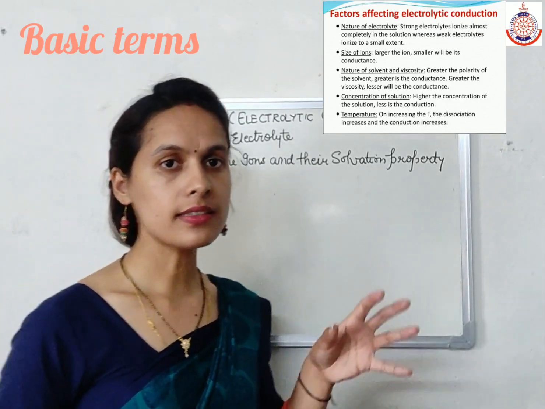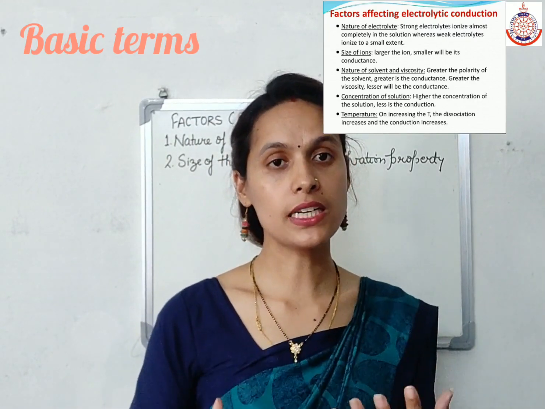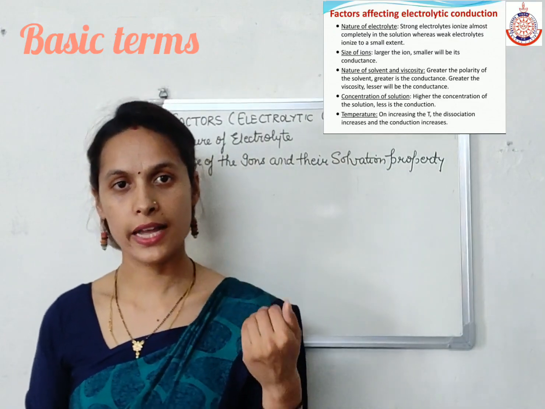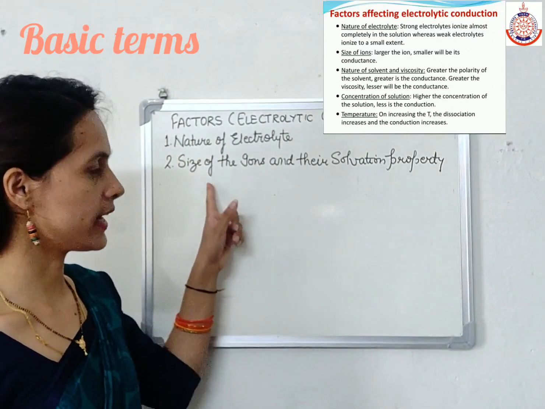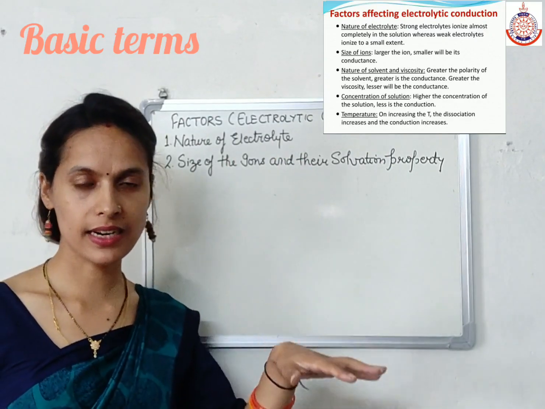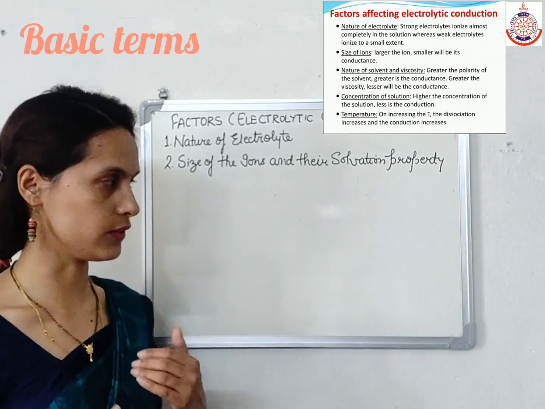Clear? Greater the size of the ion, greater is the difficulty to move from one place to another, and lesser is the conductivity. So greater the size of the ion, less is the conductivity. Smaller the size of the ion, greater is the conductivity.